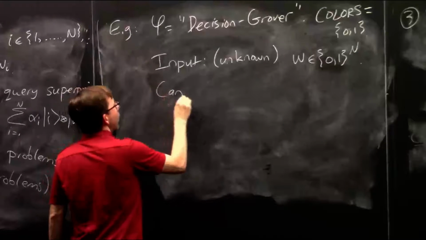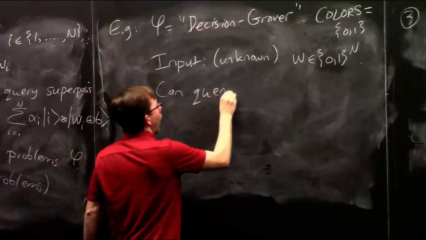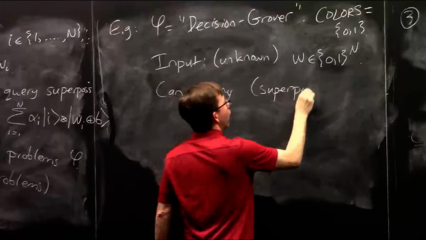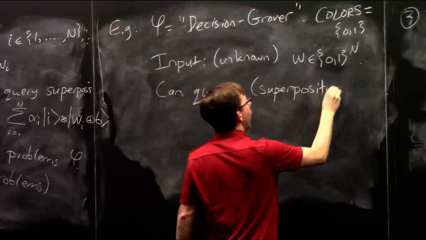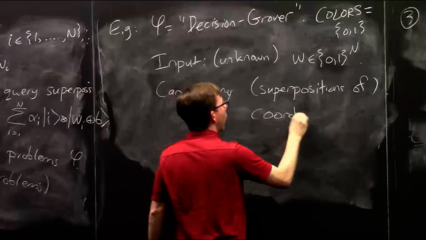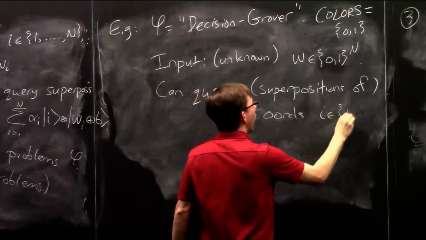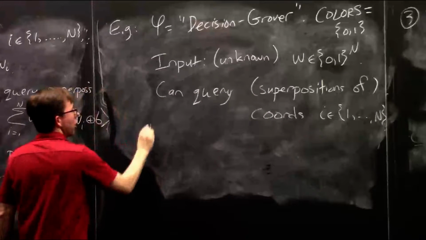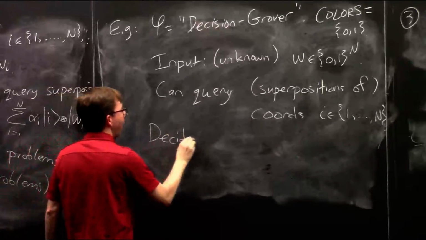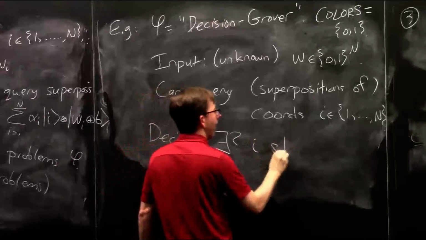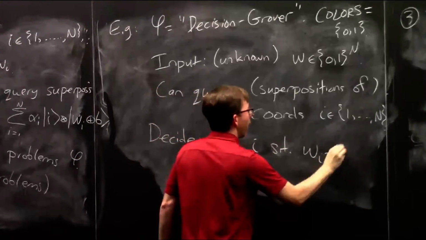And you can query coordinates, or in the quantum case, superpositions of them. And the decision version is to just decide, does there exist some i such that w i equals 1?